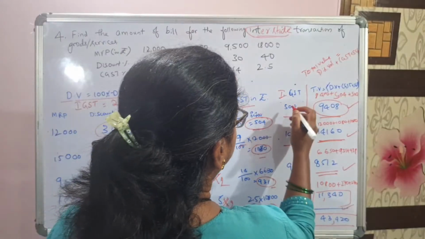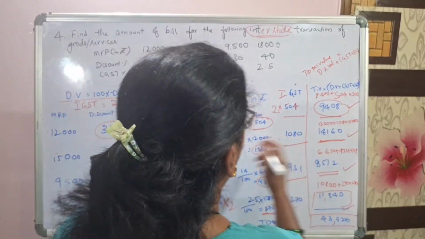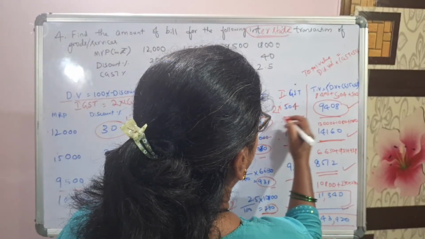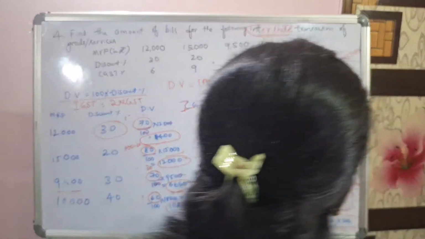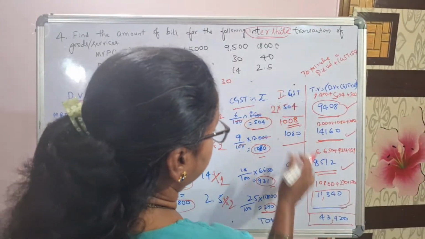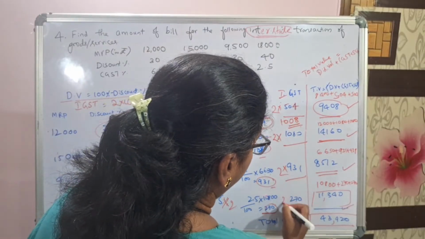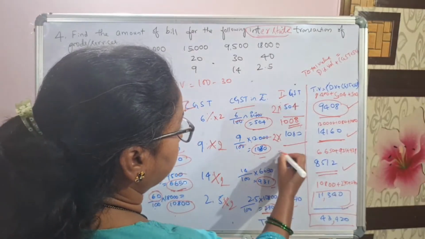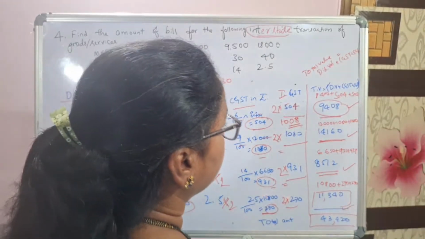That means 504 into 2, which is 1008. So 1008 is the IGST amount. You can calculate the rest of the values by multiplying by 2. Please calculate all this by yourself so that we can save time, and we'll jump on to the next question.